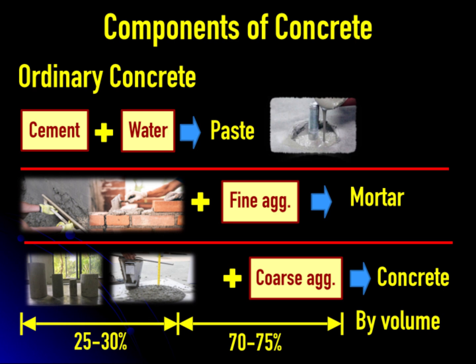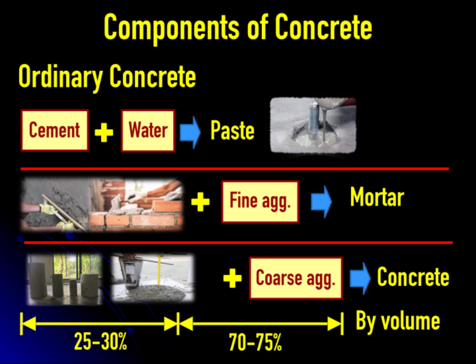When fine aggregate or sand is added into the cement paste, the mixture becomes mortar, commonly used in plastering and brickwork. Finally, when coarse aggregate or rock is added into mortar, the result is conventional concrete, which is used as the primary material in constructing structural elements such as columns, beams, slabs, and foundations.